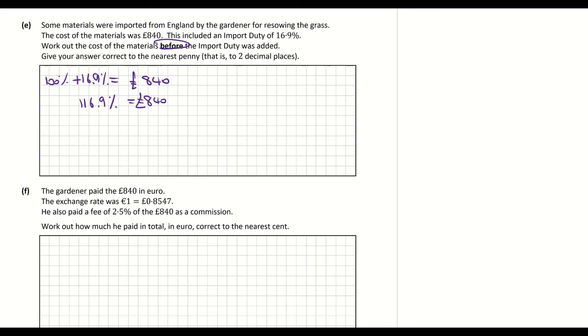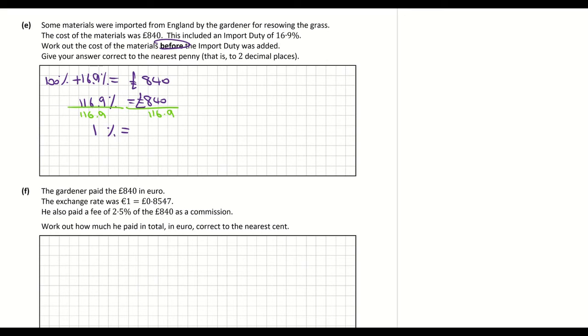I want the price before the duty was added on, so that's the original price, which is 100%. Now before getting to 100%, I'm going to go to 1%. Let's find out what 1% is. So to do that, I'm dividing by 116.9 because 116.9 divided by 116.9 is 1, and I have to do that to both sides.